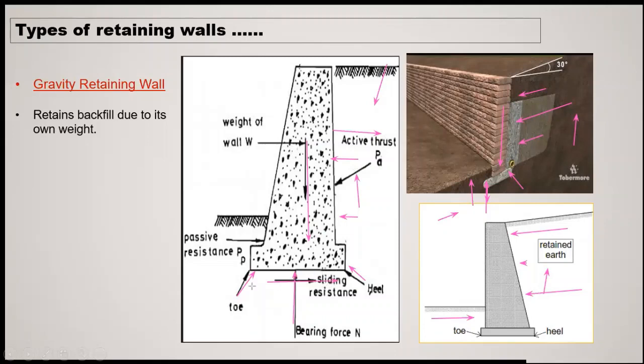That means if this soil has a good bond with the base of the retaining wall, then there may be some resistance. It is offering sliding resistance and passive pressure. So you will observe one by one there are various types of forces. Not this force, this force. This is the pressure, this is the third force, the sliding force, and this is the bearing force.